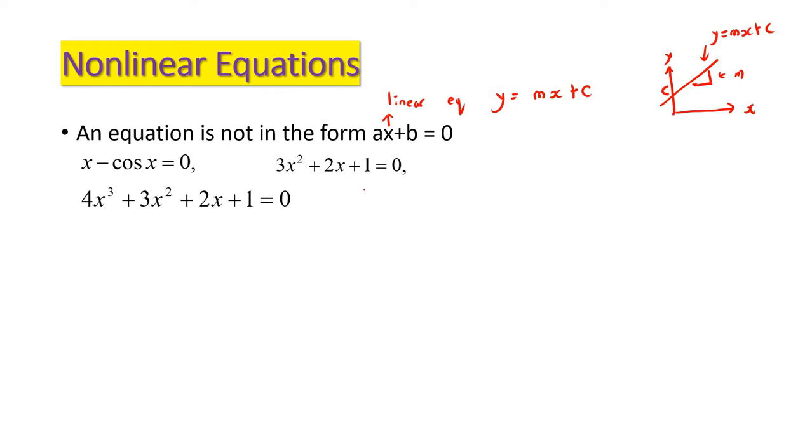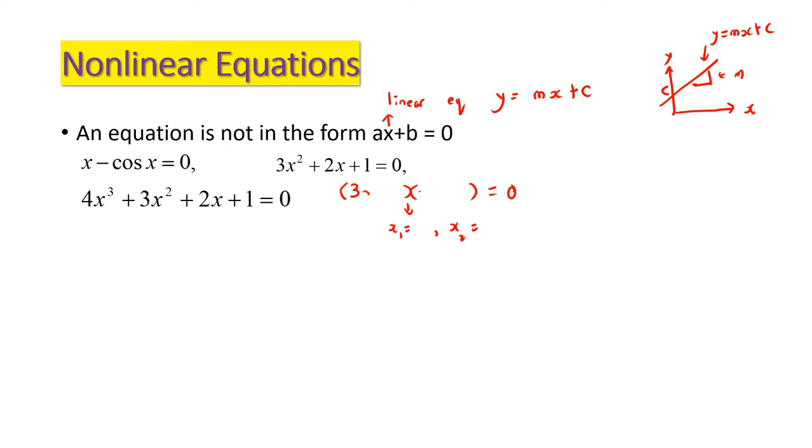Either you can factor it, but in this case you cannot factor. If you can factor your quadratic equation, then from there you can find x number 1, x number 2. But in this case, 3x squared plus 2x plus 1, you cannot factor.